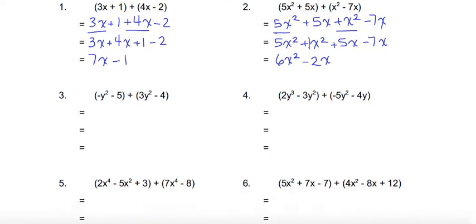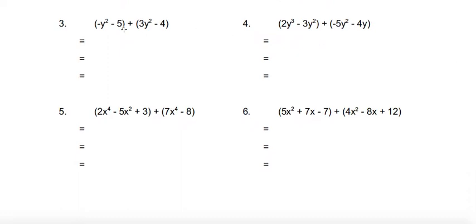Continuing on, I have my next set of examples. Example number 3, first step, just rewrite this without the brackets. Negative y squared, take away 5, plus 3y squared, take away 4. Combine or collect your like terms. So I have negative y squared.